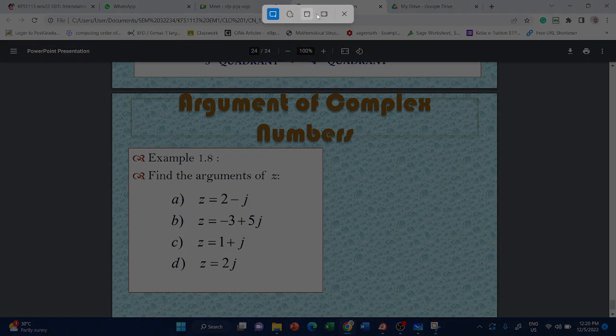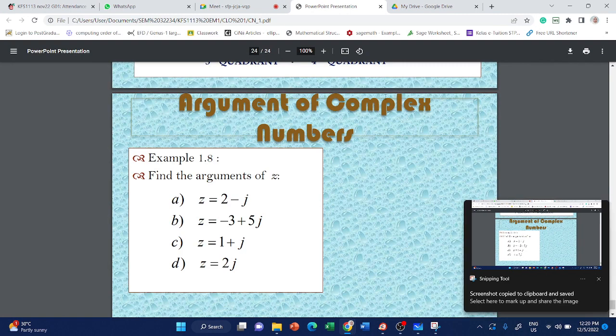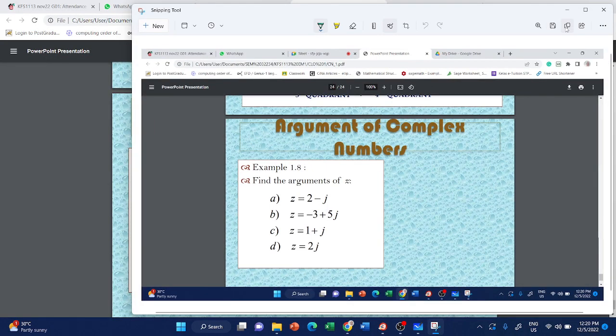Okay, we are going to find out what's the angle. So I will show you first the graph.